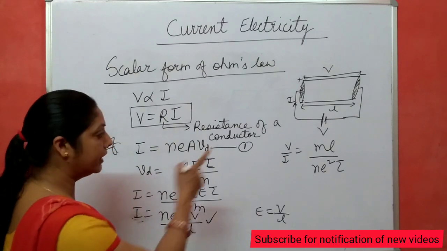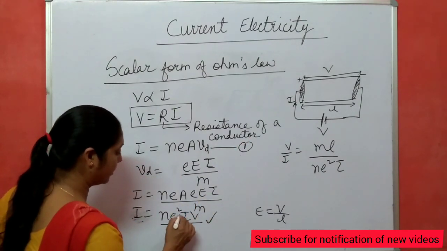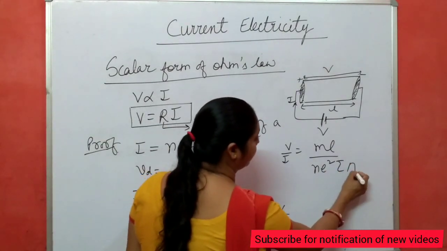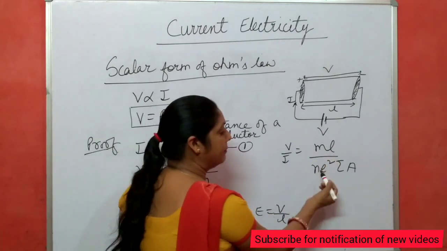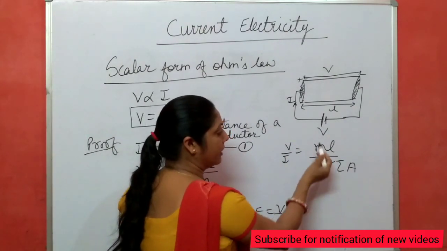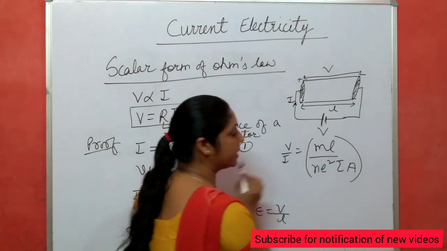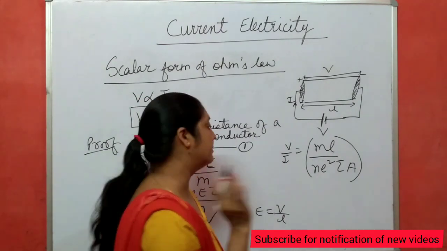One more thing is missing there. I think A is missing here, the area. Then this becomes NE square tau A. So V by I is ML by NE square tau A, and this whole term is constant for a particular conductor when physical conditions remain constant.